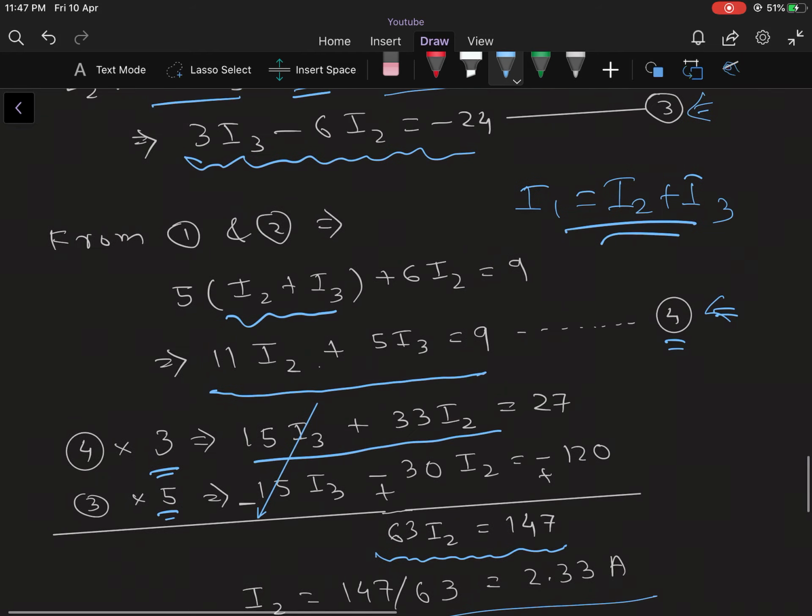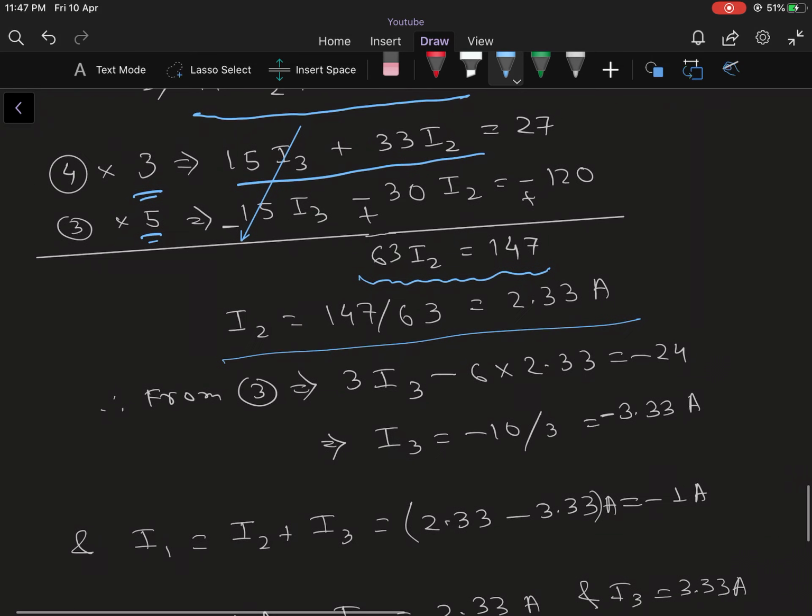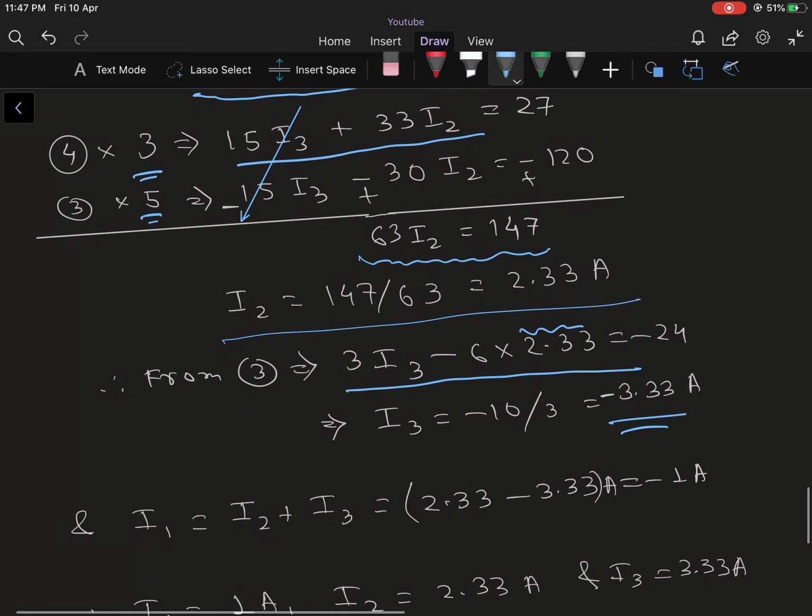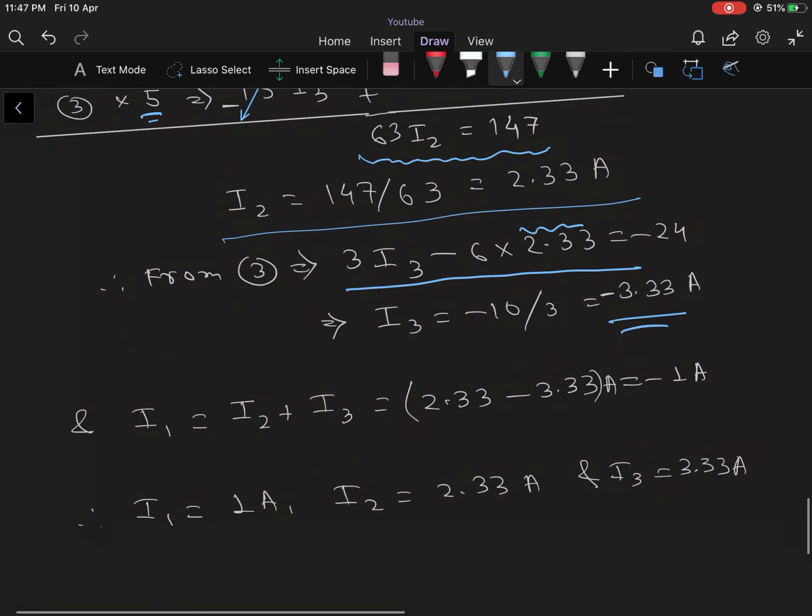Now from equation 3, if we put the value of I2 back here, it will give us the value of I3 as minus 3.33 ampere.